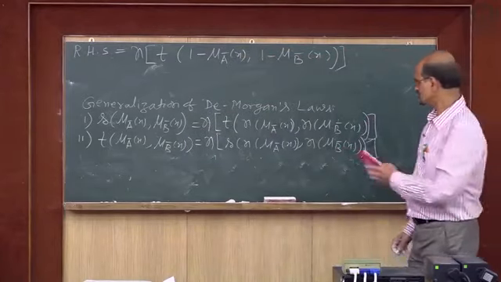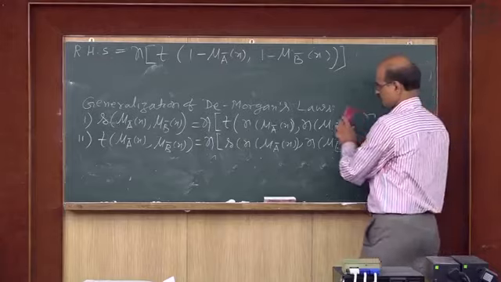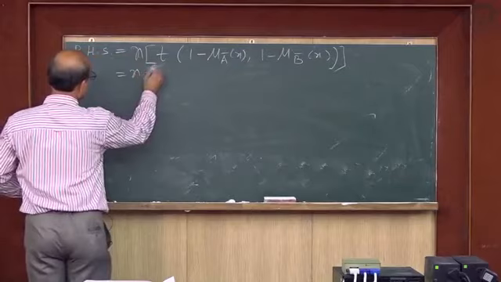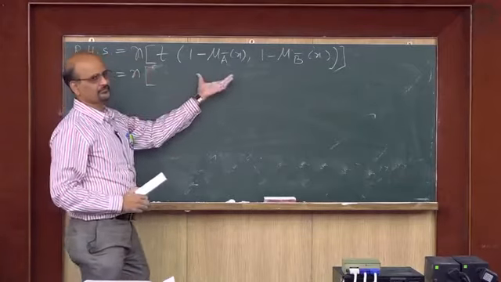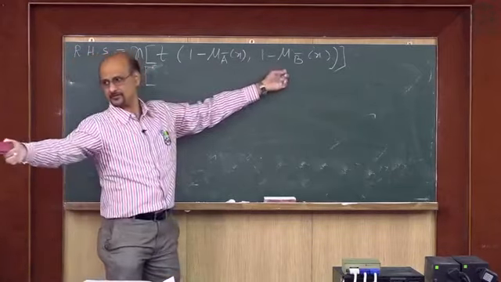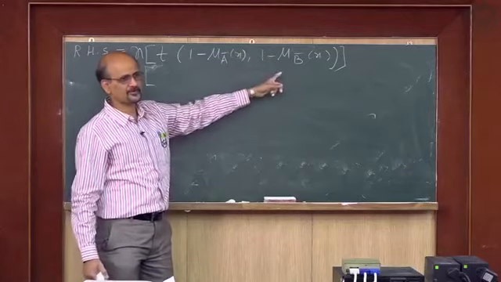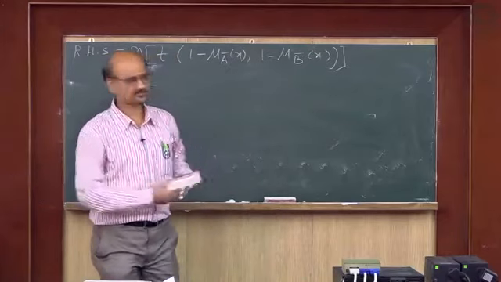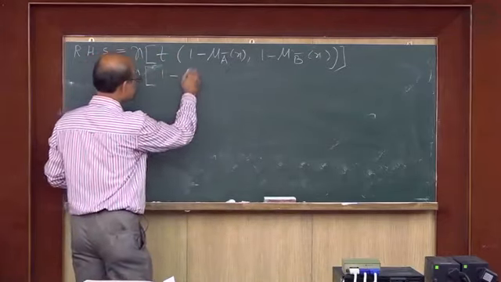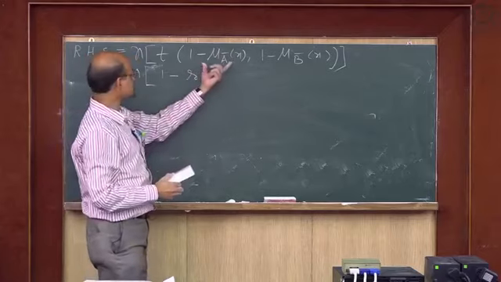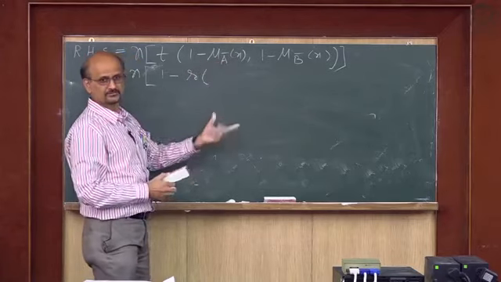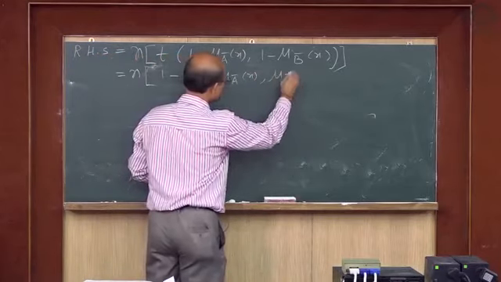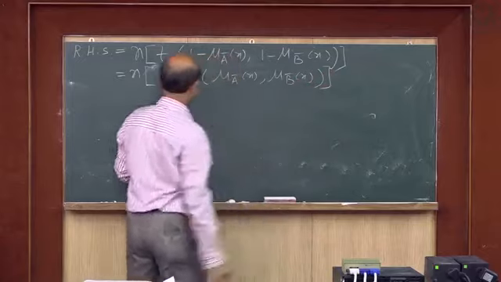Is it okay? Now, you see n of t of a, b. If you see the definition, t of mu a bar, mu b bar is 1 minus s of 1 minus mu a bar x, 1 minus mu b bar x. So, I can write this as 1 minus s of 1 minus this, that means mu a bar x, and 1 minus this, that means mu b bar x, am I correct?